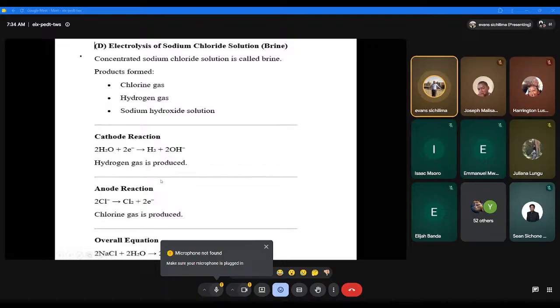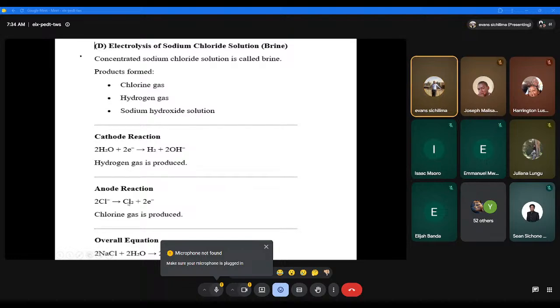Then at the anode, on the other hand, this is what is happening. We have the chloride ion, which releases 2 electrons to become neutral as chlorine gas. Okay, so chlorine gas is produced here, and it's one of the products that we're interested in.